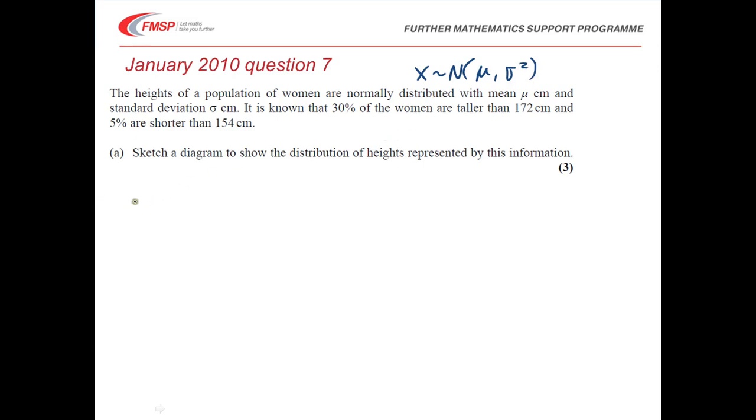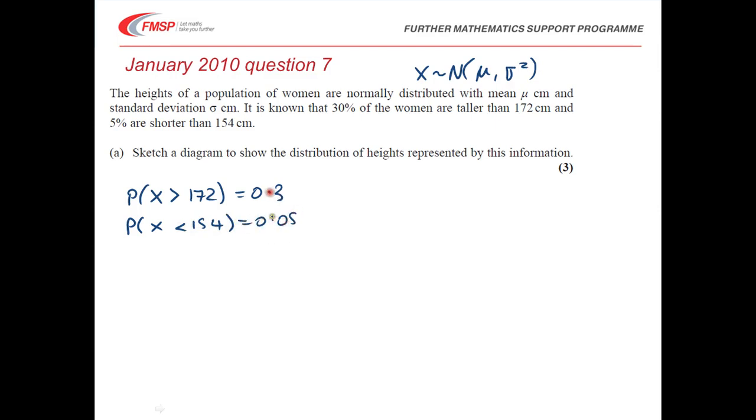So really, before answering the question, I'm going to try and write this in some maths. I know that the probability that x is greater than 172 is equal to 0.3, and I know that the probability that x is less than 154 is equal to 0.05.